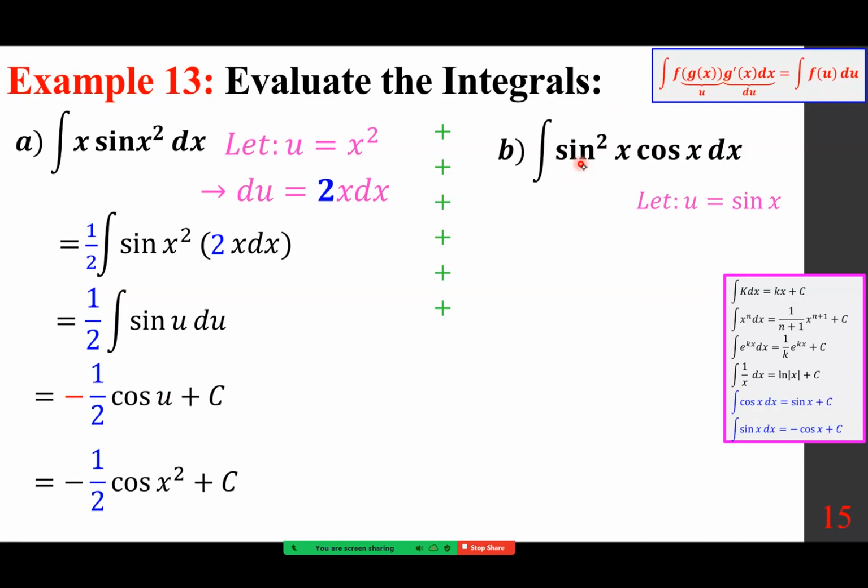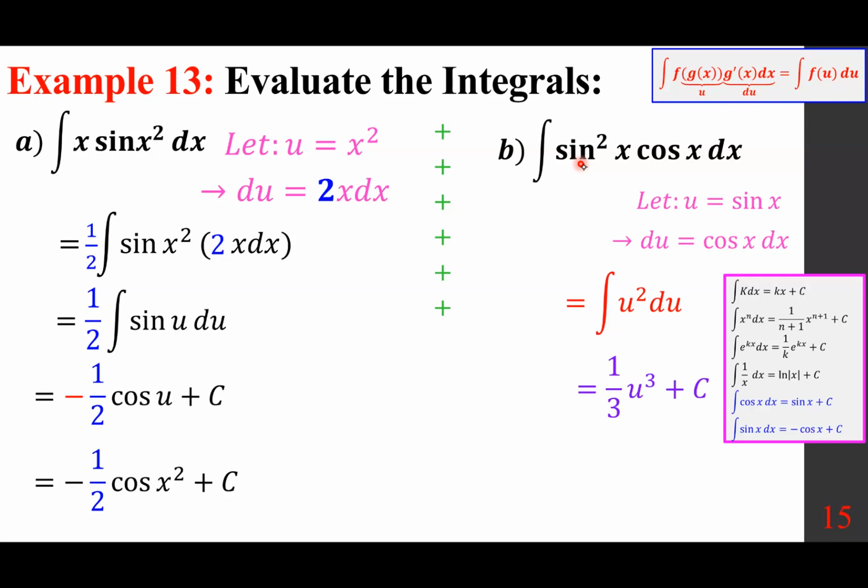Therefore, du is cosine x dx. The integral of u squared du is a simple case of the power rule. 1/3 u cubed and a constant. So 1/3 sine cubed x plus a constant.